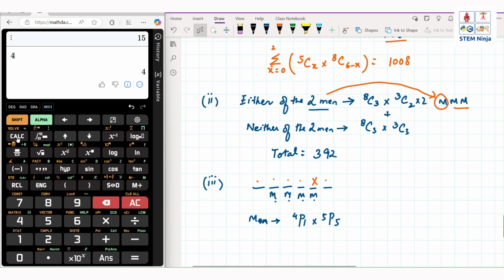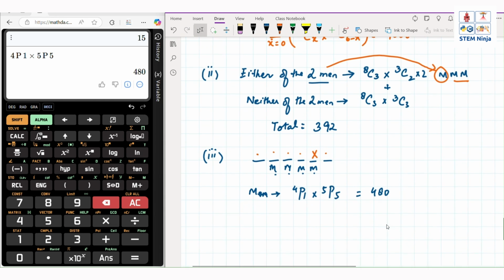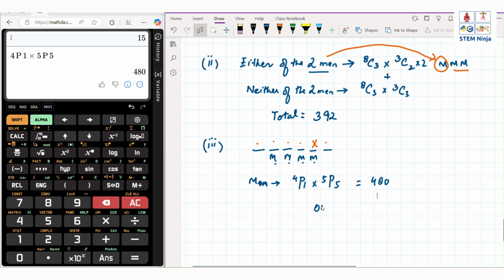So 4P1 times by 5P5. So that is 480. We could also do one more thing. We could find out all the random arrangements without any restriction.